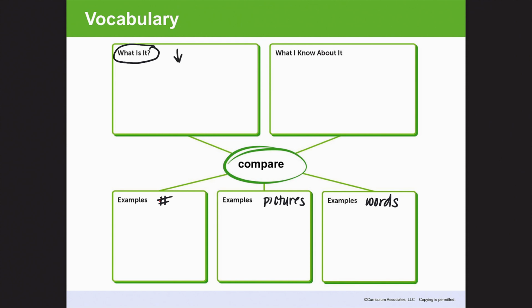That goes here. What do you know about comparing? What kind of questions do you ask yourself? How do I compare the size of this circle to this circle? What words can I use? How can I show comparison between 2 things? So you're just going to go ahead and this is actually on your assignment. So you're just going to use this to help you fill that out.